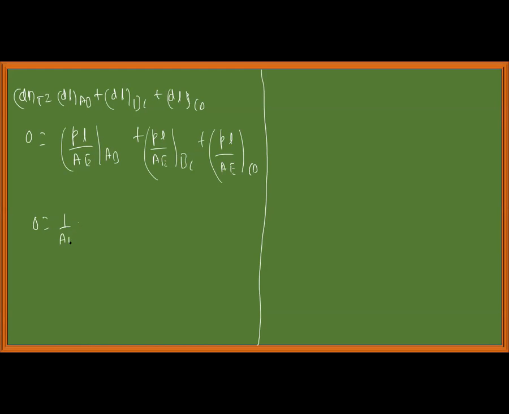1 by AE, it remains the same. P of AB, L of AB plus P of BC, L of BC plus P of CD, L of CD, or 0, which is equal to P of AB. What is P of AB?